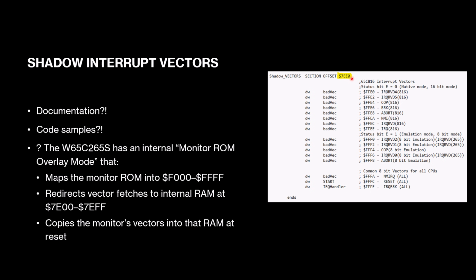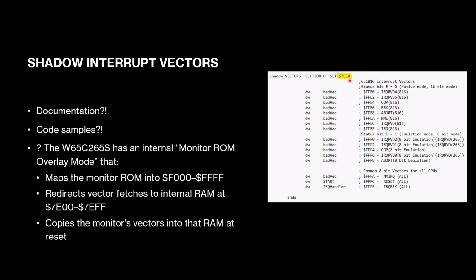And if you update what's in memory at 7EFE, then you can point to something that it is supposed to be able to jump to. So the long version, and I'm sure I'm not explaining that well, is it's allowing you in RAM to point to a routine that you want to run when that interrupt occurs, without having to replace the ROM, which you can't replace in the chip itself.